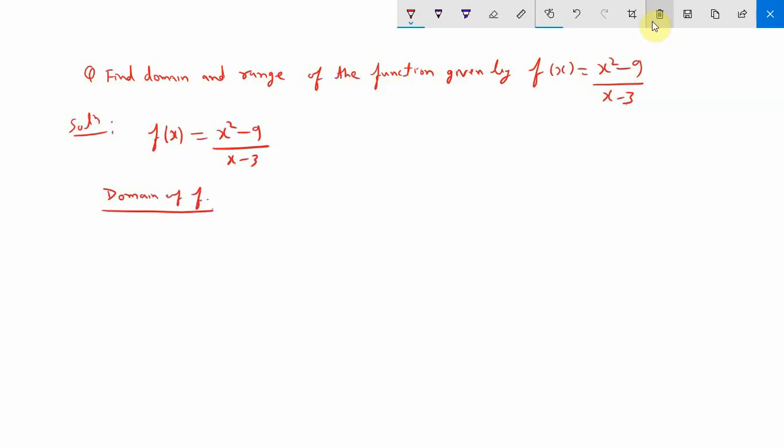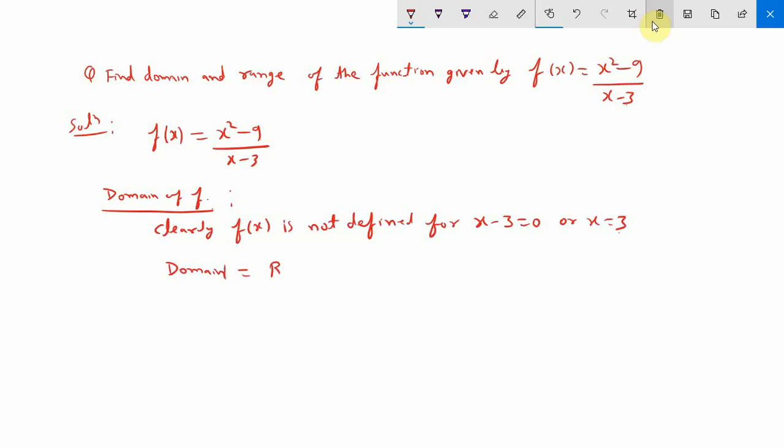Okay, f(x) is not defined for x minus 3 equal to 0 or x equal to 3. So domain of f will be the real number set excluding 3. Okay.